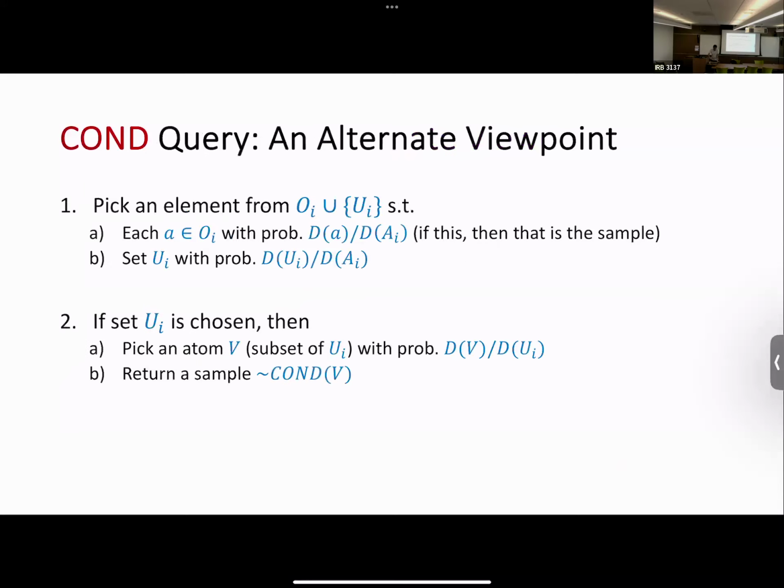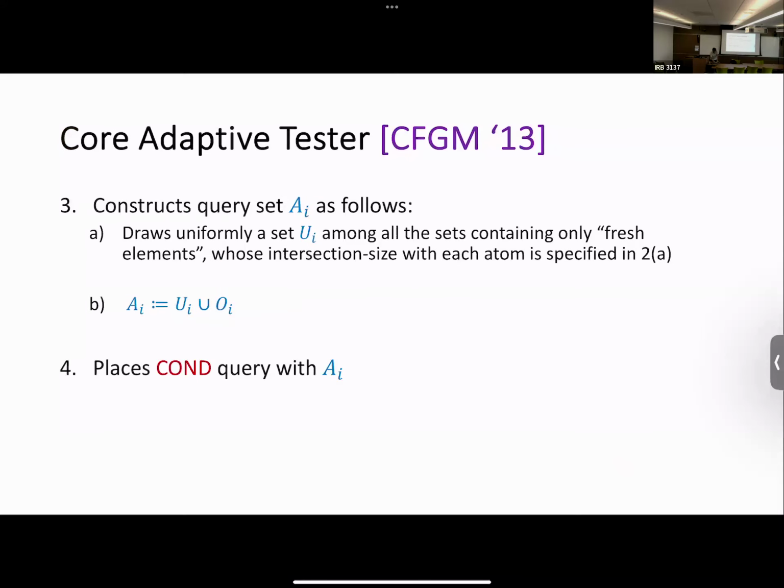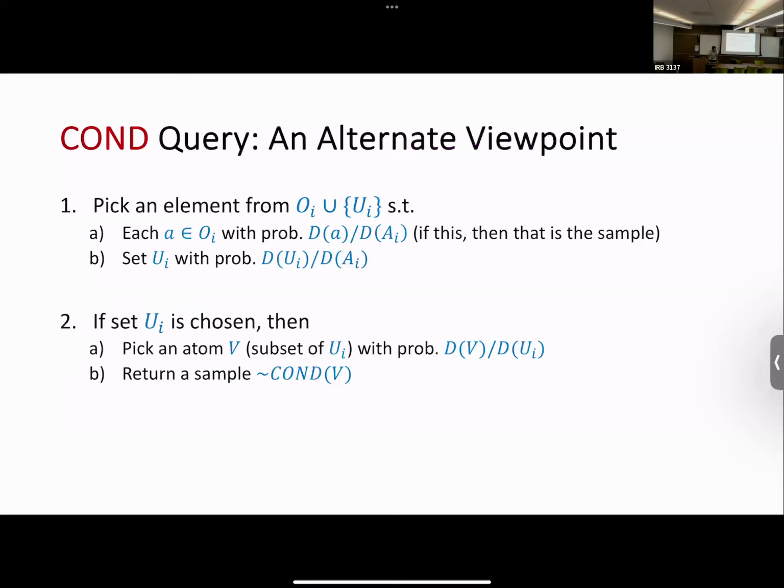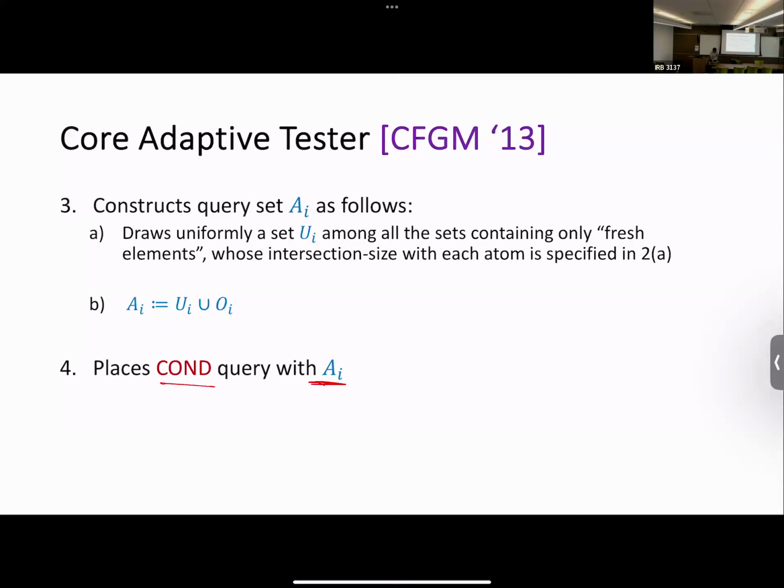So now, let's look into this conditioning query. If you look here, COND on this A_i, how will it actually look? We defined COND previously as giving us a sample with the condition. Alternatively, we can also visualize it in the following way, because now our A_i is of this form: some U_i and O_i. What are these?